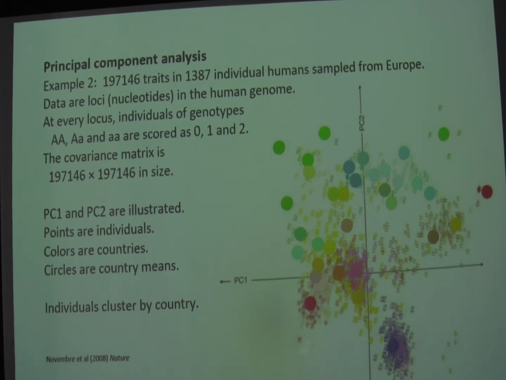So there's a lot of signal in these 2 principal axes. And the big circles, by the way, I forgot to mention, are the country means. So these axes actually largely separate individuals that live in different countries in Europe. Points that are close together tend to be in the same country, and points that are far apart tend to live in different countries.